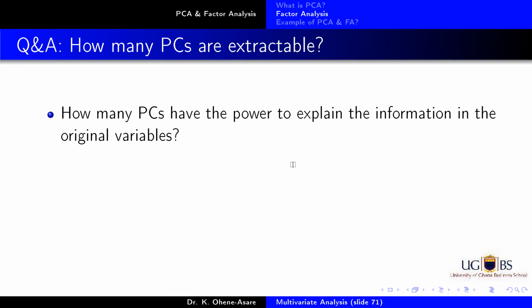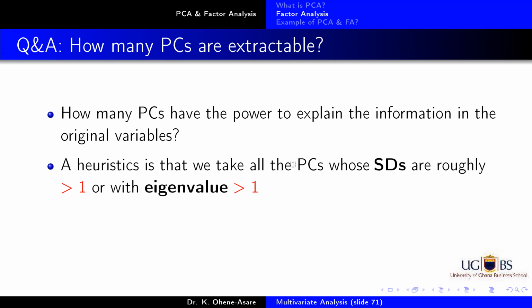All right, so how many principal components have the power to explain the information in the original variables? That question is important. In other words, now we want to know how many of the principal components we need to select. Now, ladies and gentlemen, whenever you have such a question, because there are several principal components, in this case, there are 6, we have a heuristic. A kind of procedural analysis, a hunch, a heuristic.